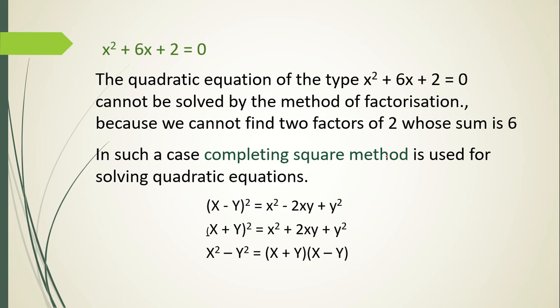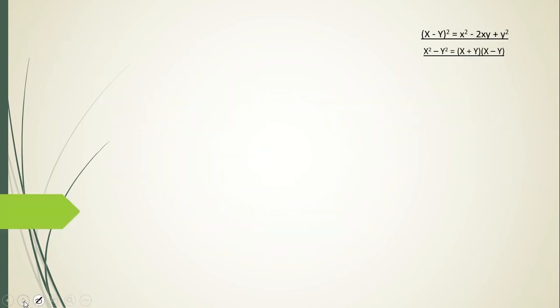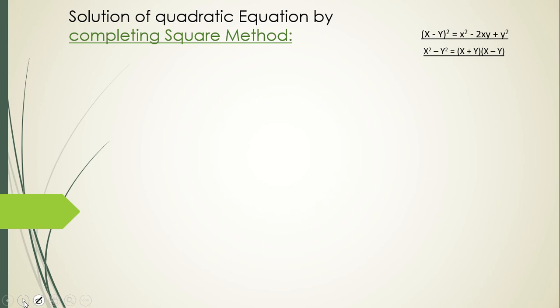There are fixed steps given. Students, if you understand those steps clearly, you will not get confused. Otherwise you will find this method very confusing. But you go step by step. Here the steps are given, and with the steps, the example is explained. If you go step by step, you will not find it difficult. So the first step is to write the given equation in the form ax square plus bx plus c is equal to 0.